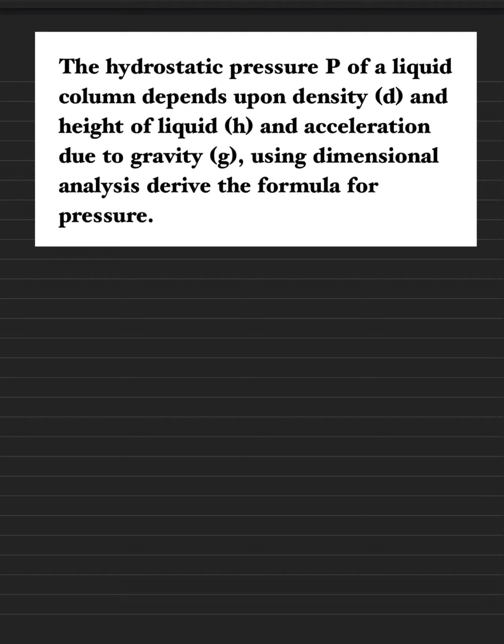The first thing to do, if you want to start that, is you need to know what is depending on what, right? Firstly, they have told you that the pressure depends on the density. You can just simply say that the P is directly proportional to the density, right? That same P again, you can see, is directly proportional to the height.